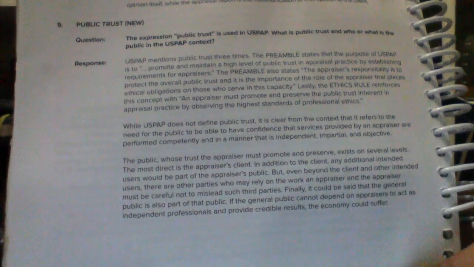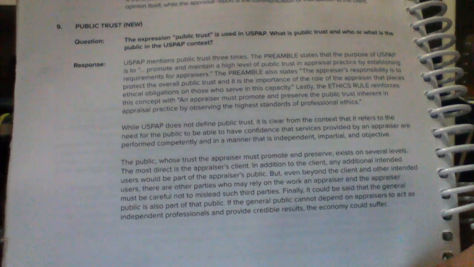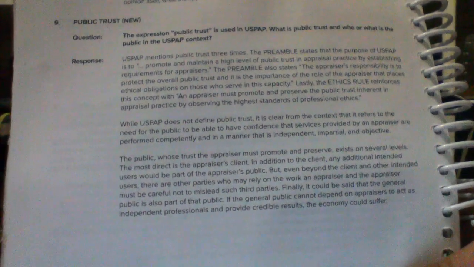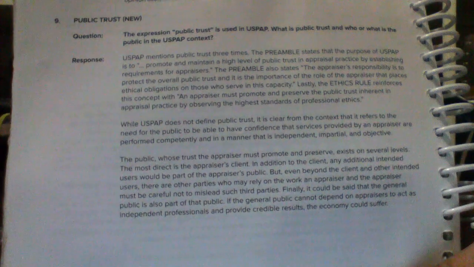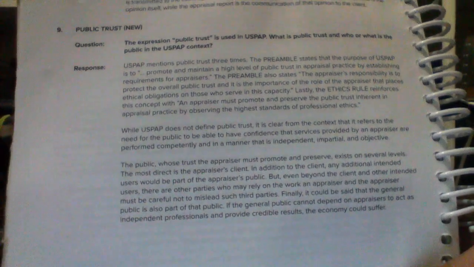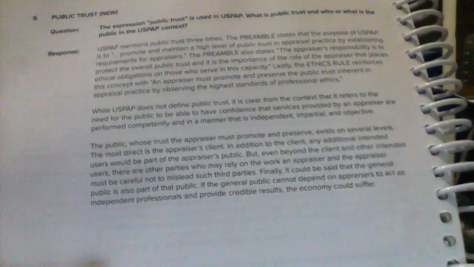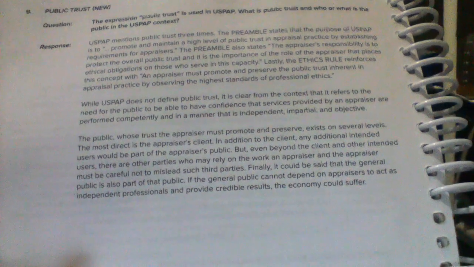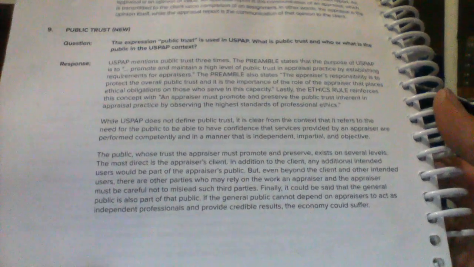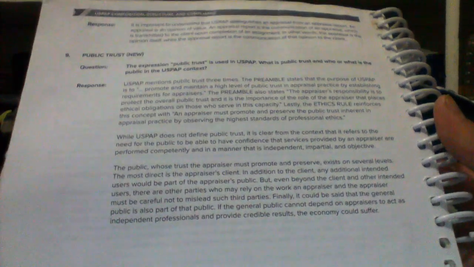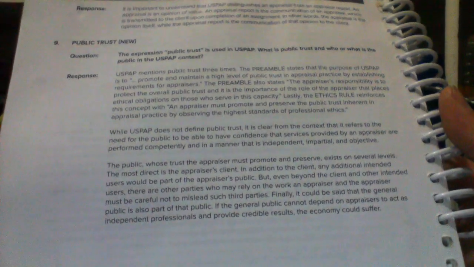The public, whose trust the appraiser must promote and preserve, exists on several levels. The most direct is the appraiser's client. In addition to the client, any additional intended users would be part of the appraiser's public. But even beyond the client and other intended users, there are other parties who may rely on the work of an appraiser, and the appraiser must be careful not to mislead such third parties.